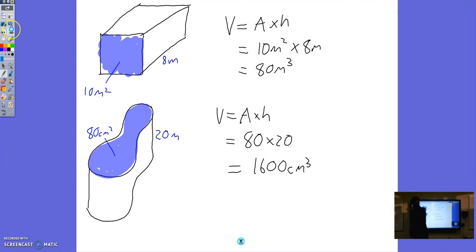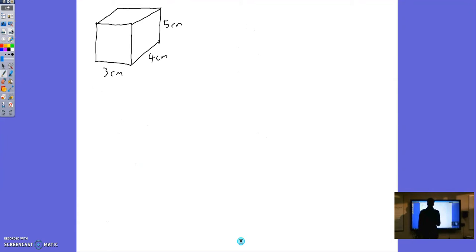Looking at a slightly more complex example, here we have a rectangular prism where we don't have the cross-sectional area. Instead, we have 3 dimensions. So the first step, step 1, is find the cross-sectional area.